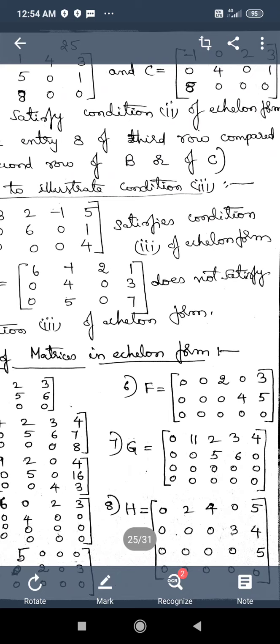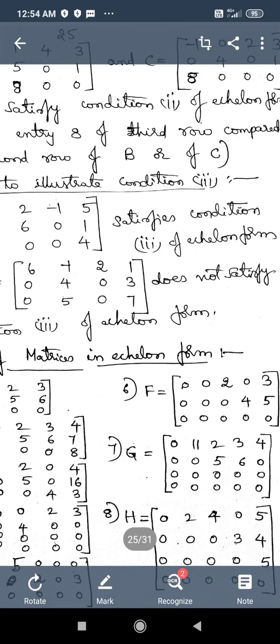In capital H, the matrix of order 4 by 5, we can see that it is also in echelon form. The leading element in the first row in H is 2, and the leading element in the second row is 3. The first leading element is present in the second column, and the second leading element is present in the fourth column.